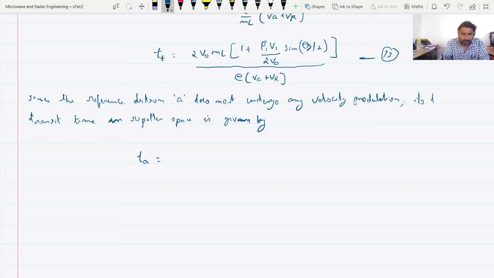Okay, 2 VA. What is acceleration? That is E by ml, plus VR. Okay.